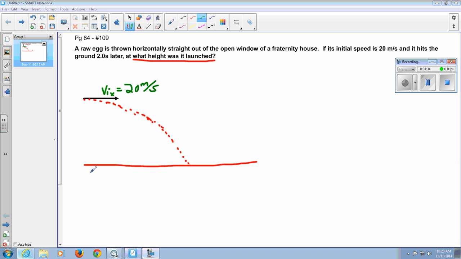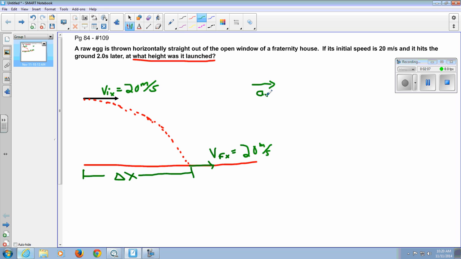The range or displacement in the x direction, I don't know what that is. And I do know that the final velocity in the x direction is equal to 20 meters per second because the acceleration in the x direction is 0.